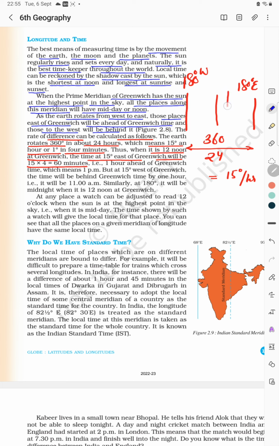Means if any line which is 15 degree east, it will be 60 minutes ahead of Greenwich time, which means 1 hour ahead of Greenwich time, which means 1 p.m. But at 15 degree west of Greenwich, the time will be behind Greenwich time by 1 hour. It will be 11 a.m. Similarly, at 180 degree, it will be midnight when it is 12 noon at the Greenwich time.